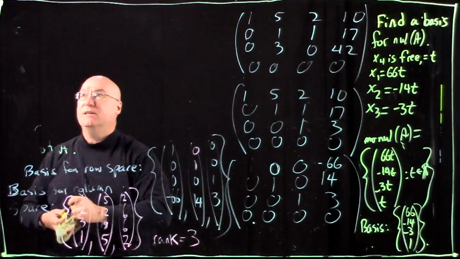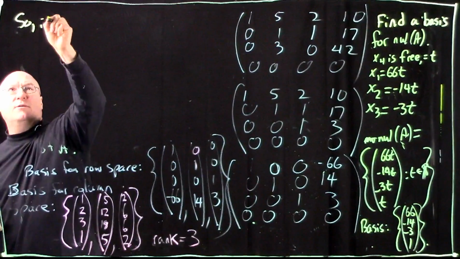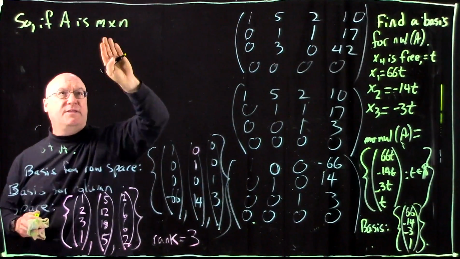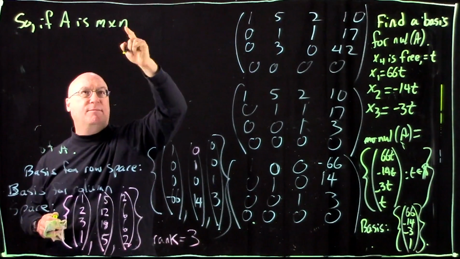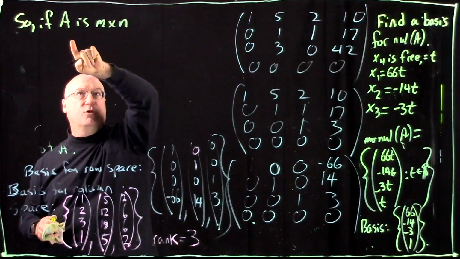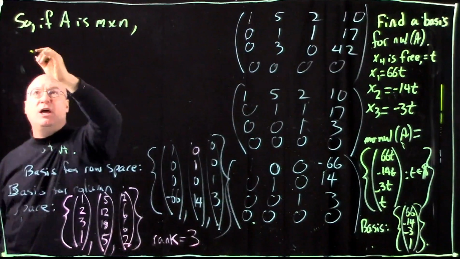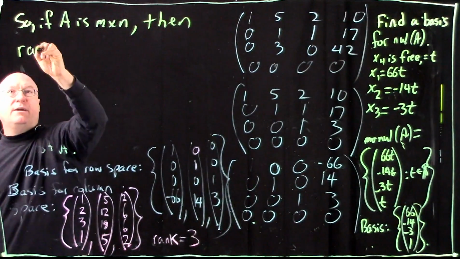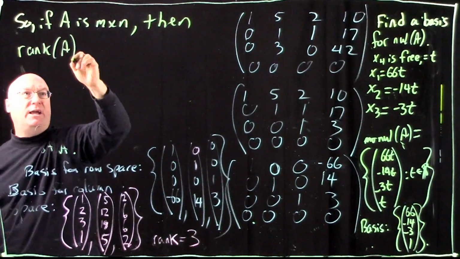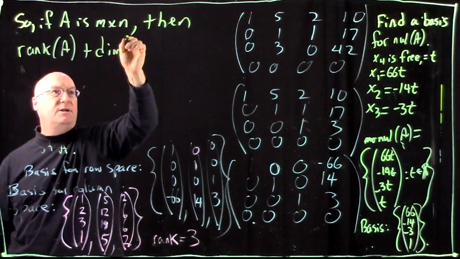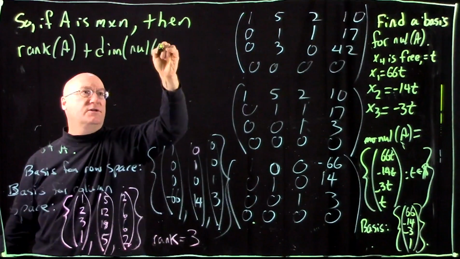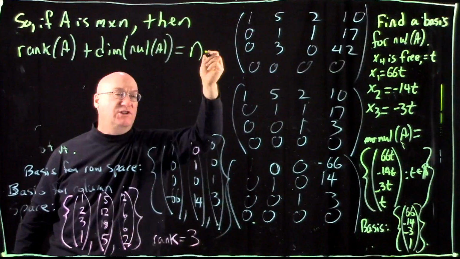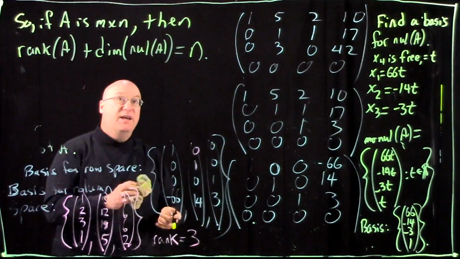So let me just summarize that. If A is m by n, then that means that I'm taking Rn to Rm when I do multiplication by A, right? The rank of A plus the dimension of the null space of A will equal that n, the dimension of the starting space.